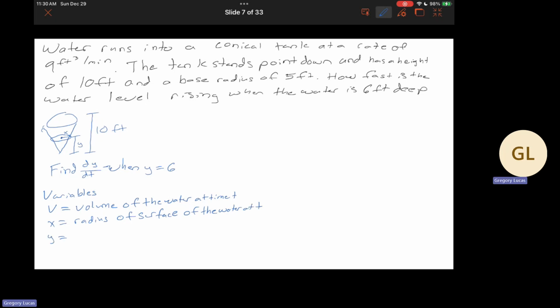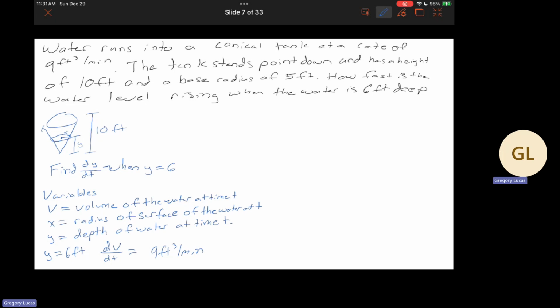And y is the depth of the water at time t. And we know that y is 6 feet. We know dV/dt is 9 feet cubed per minute. So we know that water's running in at 9 feet cubed per minute.